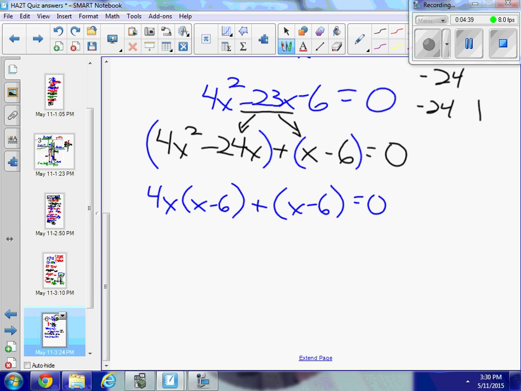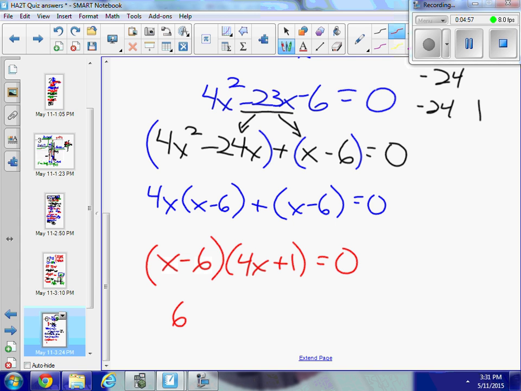I will reverse distribute the x minus 6, so I have x minus 6 times 4x plus 1 equals 0. So x equals 6 and negative 1/4.